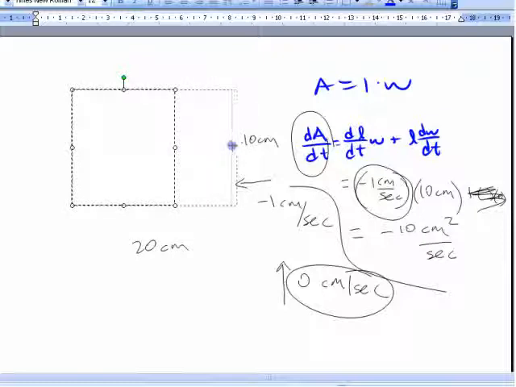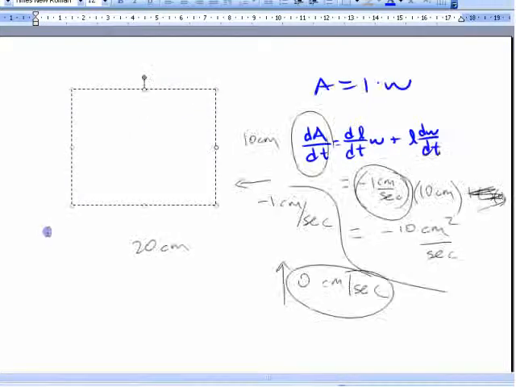So after 1 second I lose that much, 10 centimeters squared of area. I lose another. Like I'm losing a strip off the edge here every second. This little strip here and another little strip. I keep losing that every second. You're multiplying the width by how fast you're changing it. It makes sense, right? However wide this is, times however fast you're shortening it, that's how much you're losing.